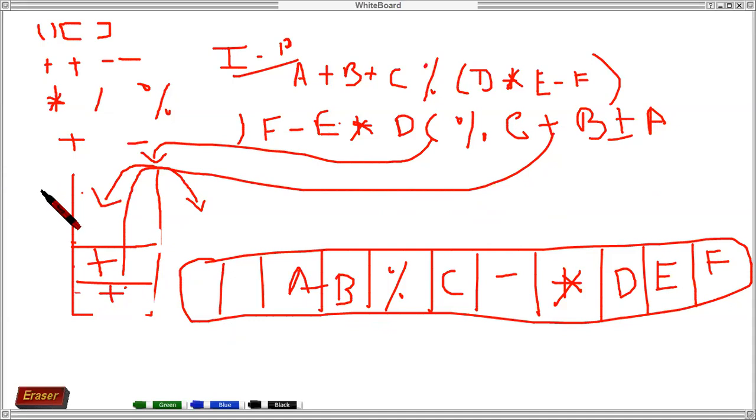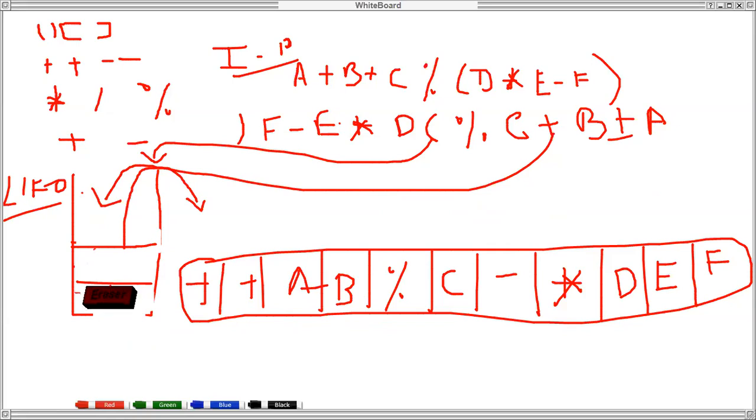As per the last in, first out process, the rest of the operators will come out of the stack. This plus will come out first, and then the other plus will come out last. So now my stack is empty and my prefix expression is done.